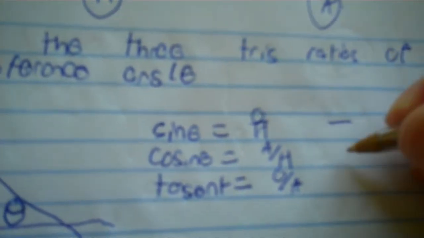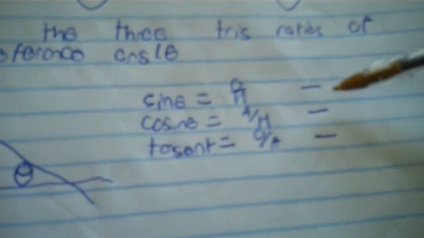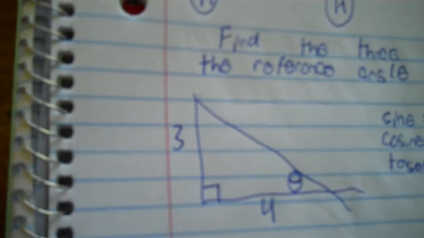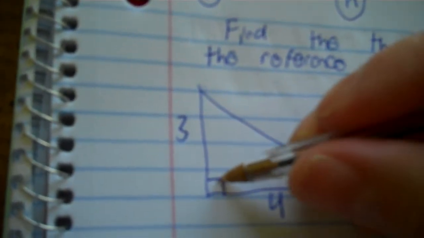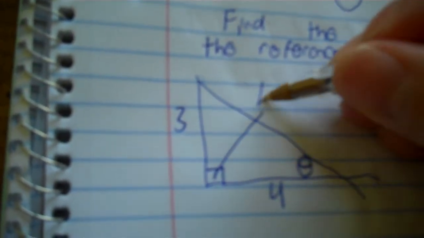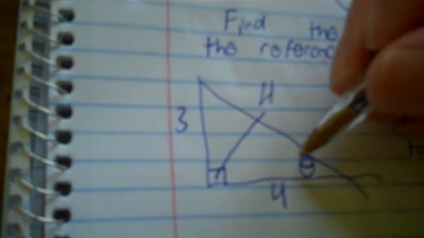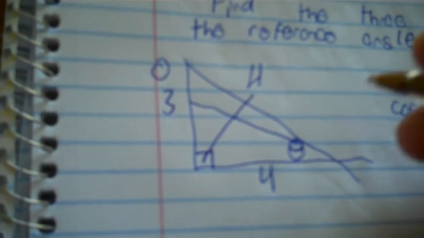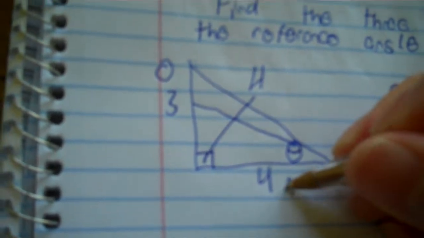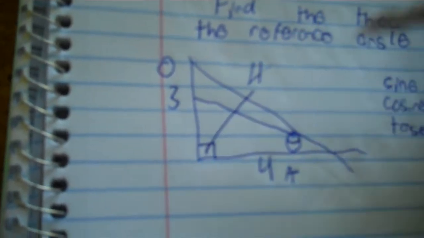So basically, we have to come up with the three ratios. Now here's how you tell what side's what. Put your pencil on the 90-degree angle, go across, that's your hypotenuse. Put your pencil on wherever that theta circle's at, go across from that, that's your opposite. So the opposite's 3. We don't know the hypotenuse. Then the last side's A. I always go H, O, A, just like that.